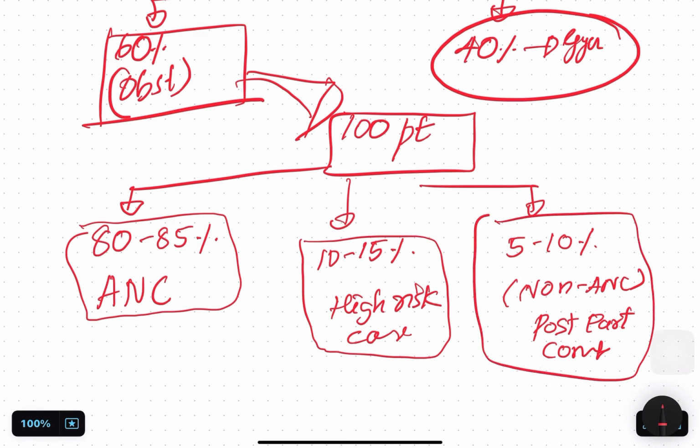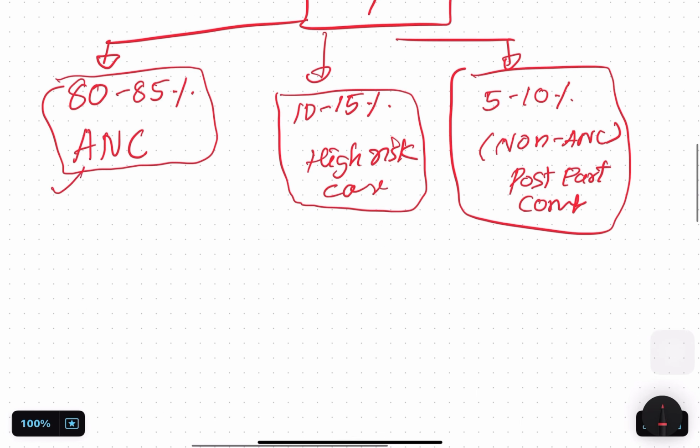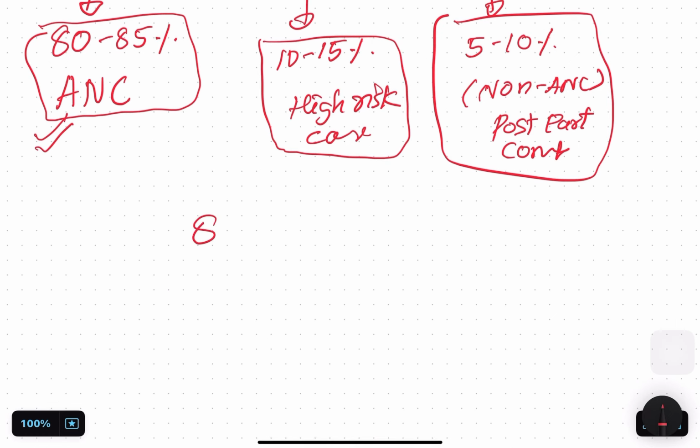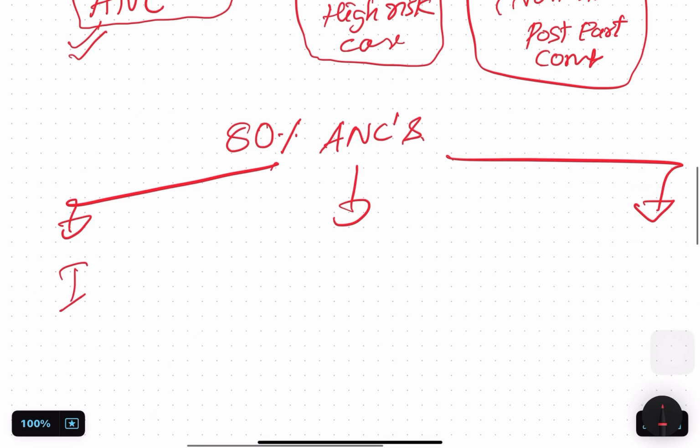Okay, now let us further break this down. See, this is something which is very important. If you don't know this, then there's no point of you going to OPD. You understand my point, right? So now let us divide this ANC into trimesters. This 80% of ANC cases which you see are first divided based on trimester: first trimester, second trimester, and third trimester, correct?